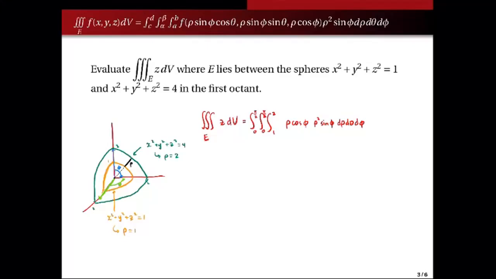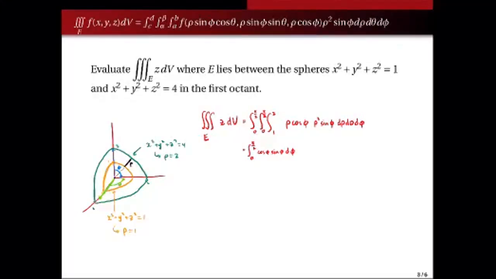So you can write this as the integral from 0 up to pi over 2. The outer integral refers to your variable phi, so let's write cosine phi sine phi d phi.